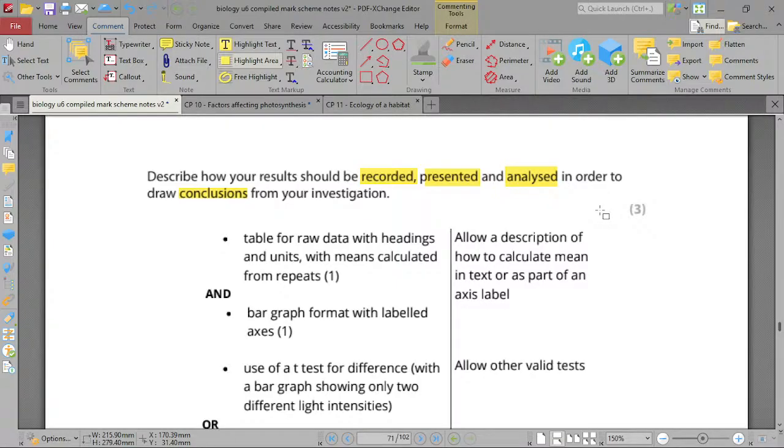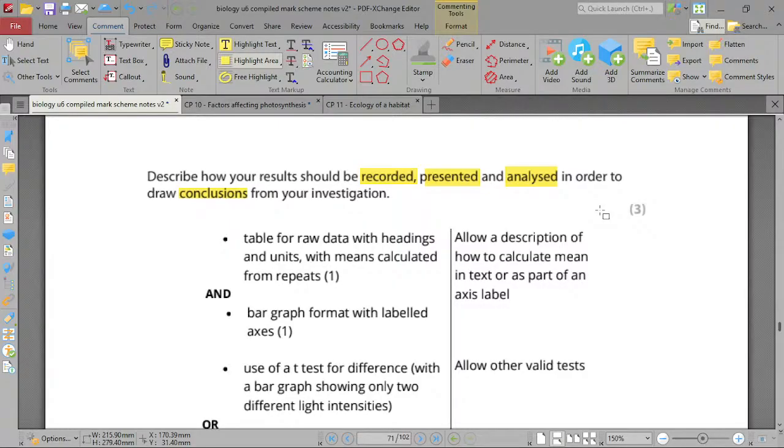We already are aware of all the times we have a graph and we're supposed to conclude something from it. This time, we're going to be making that graph, making that data. So how would we record, present, and analyze the data to make a conclusion?